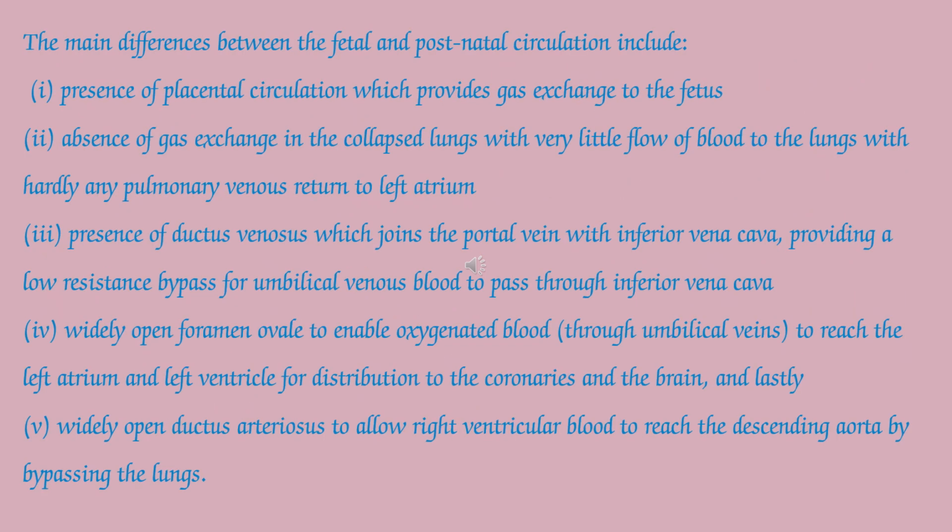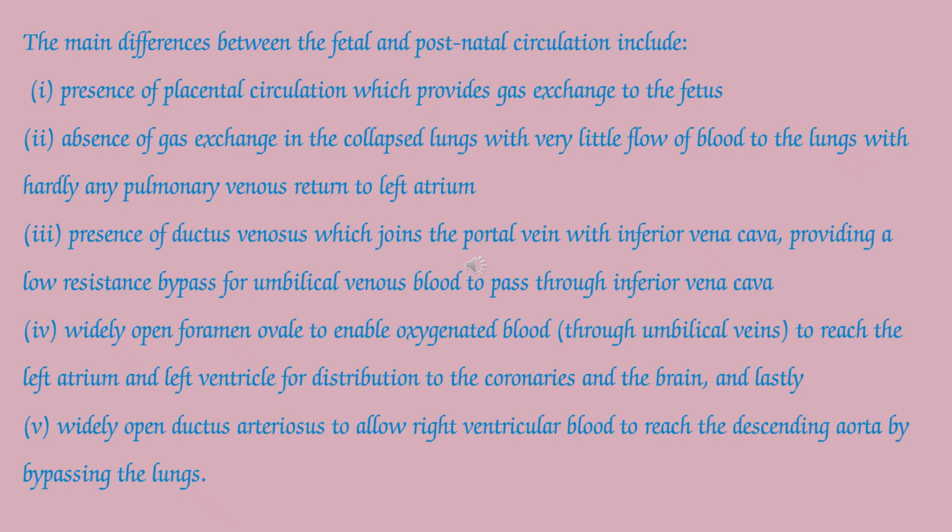The main differences between fetal and postnatal circulation, we'll see now. In fetal circulation, it is the placental circulation which provides gaseous exchange to the fetus. The lung is collapsed because there is no exchange in the lungs. There is a ductus venosus where the portal vein and inferior vena cava provide low resistance for the umbilical venous blood flow to pass.